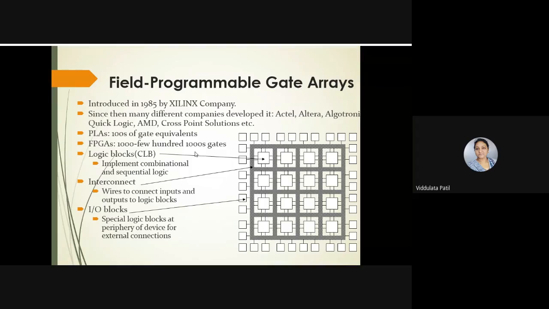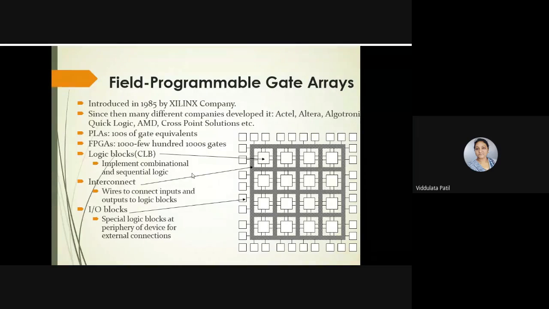Overall, this FPGA was introduced in 1985, and the companies which manufacture FPGAs are Actel, Altera, Algotronics, QuickLogic, AMD, Crosspoint Solutions, Xilinx, etc. When we consider programmable logic arrays, they have hundreds of gate equivalents.